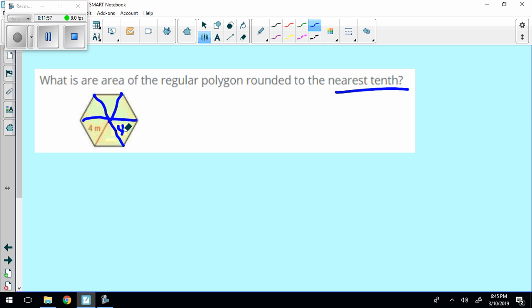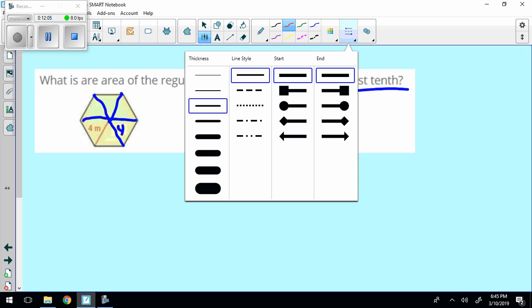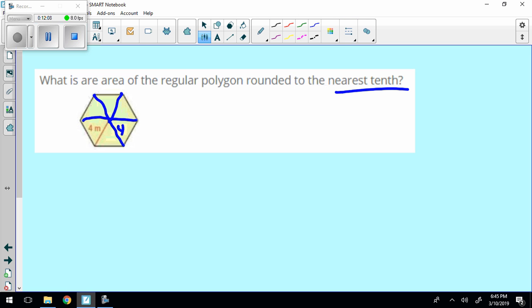So we can find the area of one of these triangles, then find the area of all of the triangles. In the center, those 6 angles have to add up to 360 degrees. So if we take 360 divided by 6, because there are 6 triangles, we find that each angle in there is 60 degrees.